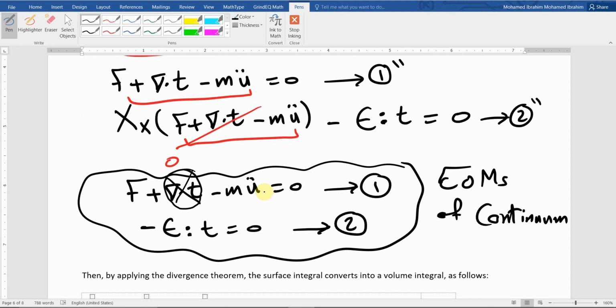What does rigid body motion mean? The object was rigid. There was no deformation. But here we consider an object that can move or deform, both. So the term nabla dot t has been included to account for the possible deformation of the continuum because of the external force.